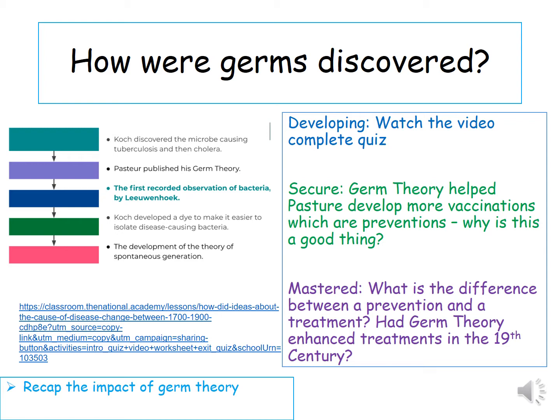Okay, and master's students, I would like you to again watch the video, have a go at the quiz, but could you think about what is the difference between a prevention and a treatment? So germ theory obviously has enhanced preventions, it's allowing people to create preventions, but has it actually helped develop treatments at the same time? Okay, I'd like you then to move on to the second learning objective.